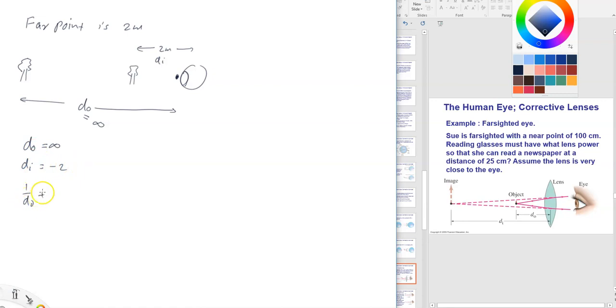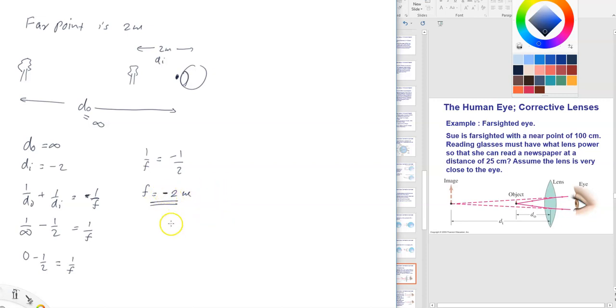So 1 over DO plus 1 over DI equals 1 over F. 1 over infinity minus 1 over 2 is 1 over F. 1 over infinity is 0. So 1 over F is negative 1 over 2, F is negative 2 meters. We need a focal length of negative 2 meters. What kind of lens is this?